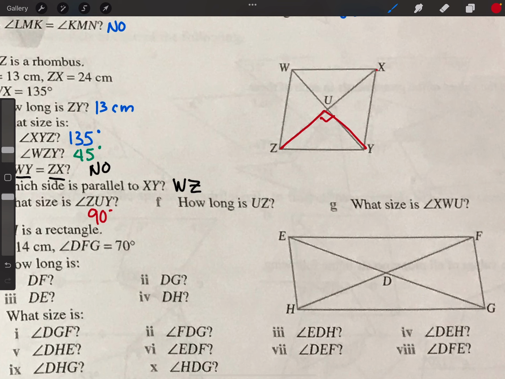How long is UZ? UZ, where's that? Well, we know that the diagonals of a rhombus will cut each other in half, so this length is the same as this length. Now, what's the length of the whole thing?